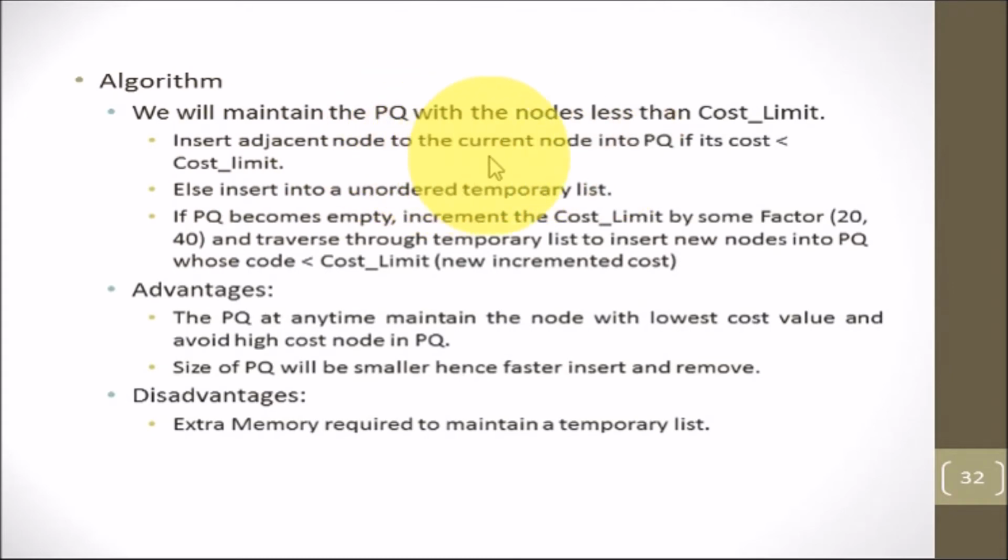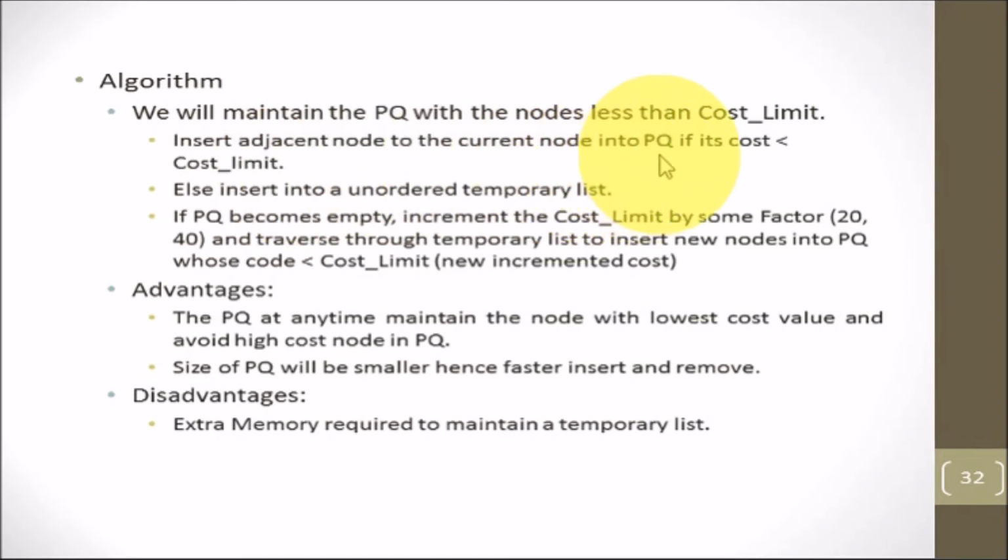Like when we process A star, we look into the adjacent nodes and then we put those adjacent nodes into the open list. So we will put a node into the priority queue if its cost is less than the cost limit. This cost limit is a limit which is maintained at a particular time.